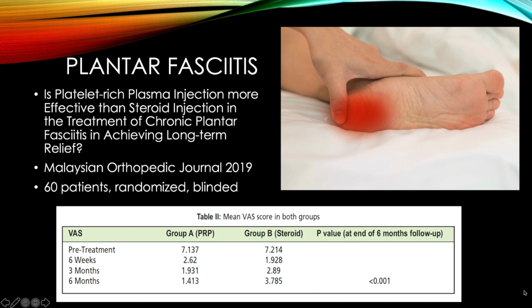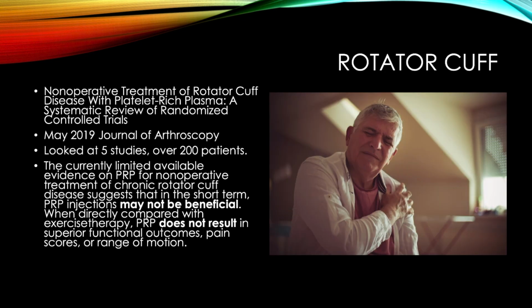Now, for rotator cuff issues, this study was a meta-analysis. What that means is it pulls together several studies, in this case 5, which accumulated over 200 patients in the Journal of Arthroscopy last year. And all these meta-analyses include studies that are done differently, so they include the same limitations with limited available evidence using PRP for non-operative treatment of chronic rotator cuff disease.